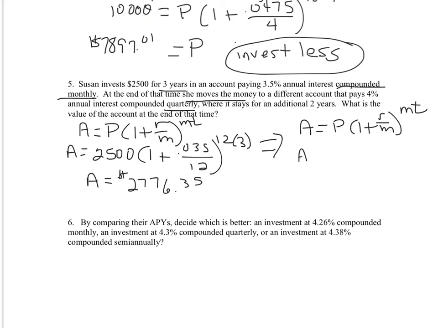So I want to find the final amount after this $2,776.35 gets put into this other account, where it's earning 4% interest, so 0.04, compounded quarterly. Quarterly means 4 times in a year, and it's going to stay there for an extra 2 years.